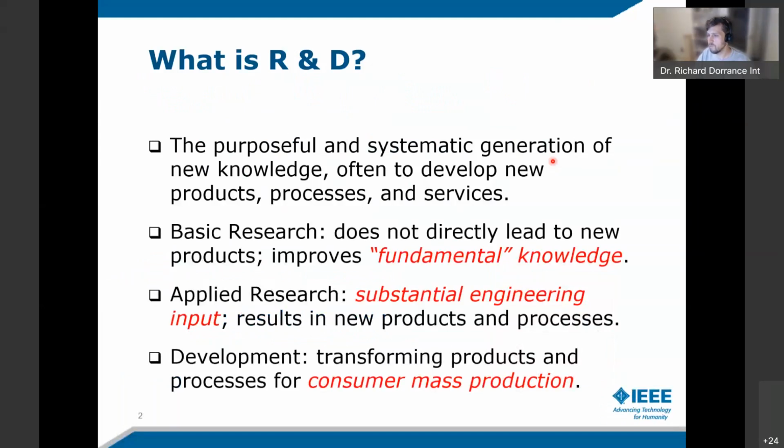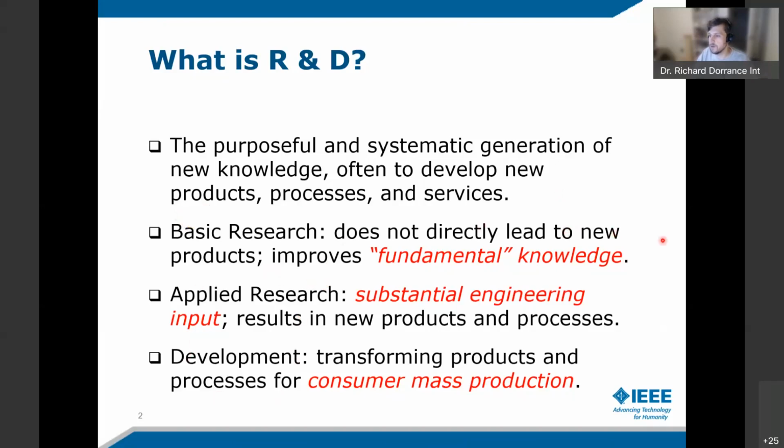So first, what is research? What is R&D? Simply, it's the purposeful, systematic generation of new knowledge, often to develop new products, processes, and services. It's a lot to take in, but you can really split it up into 3 different types: basic research, applied research, and development.